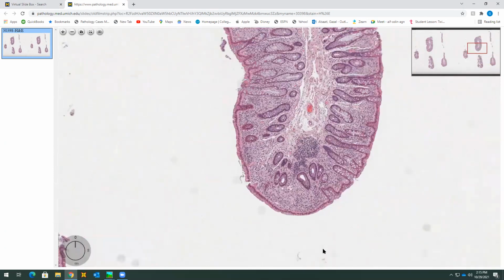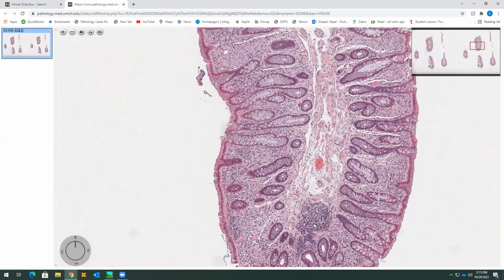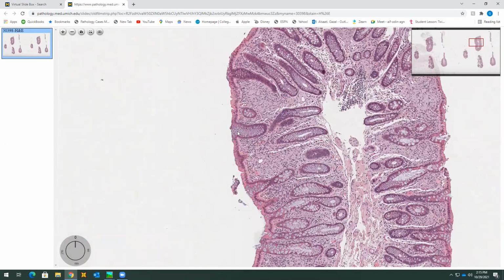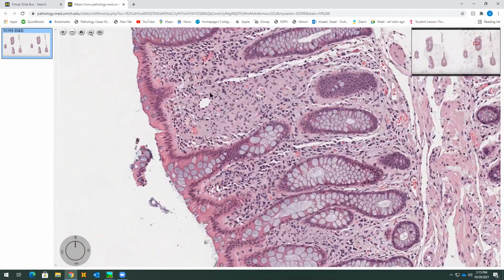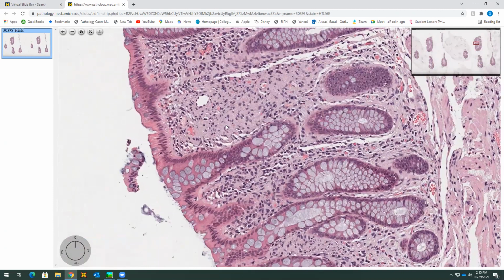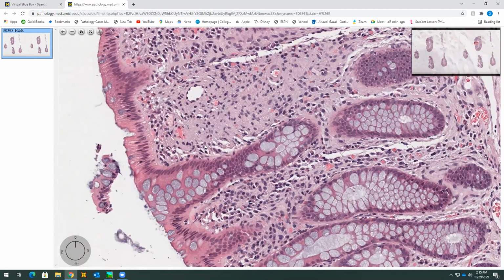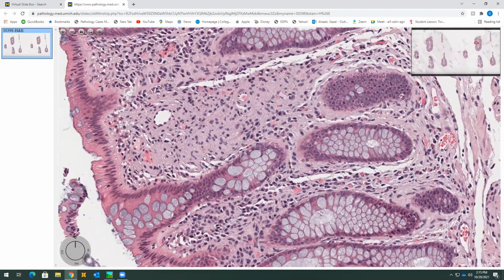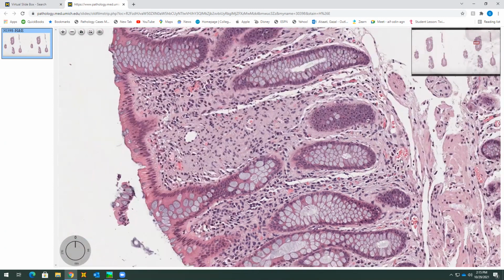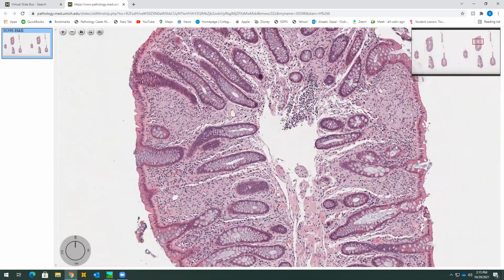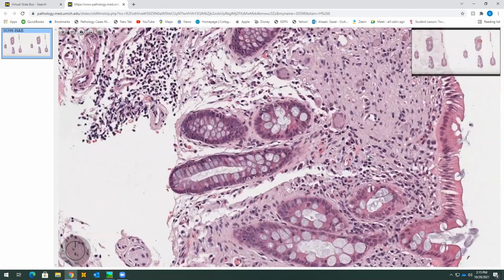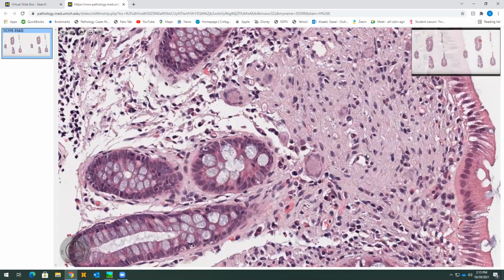I don't see what he is. Oh, this whole thing, he doesn't have any other stains. I wonder if this is a perineurioma. See how the pink filling of the lamina propria looks pretty much like a perineurioma to me.